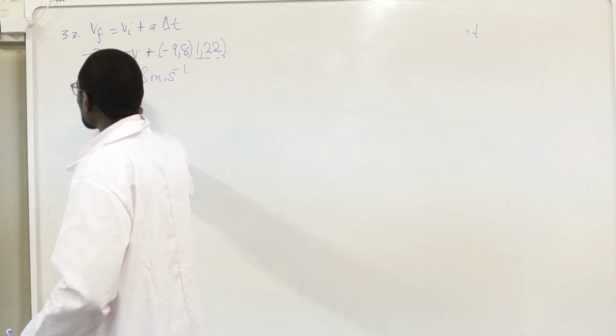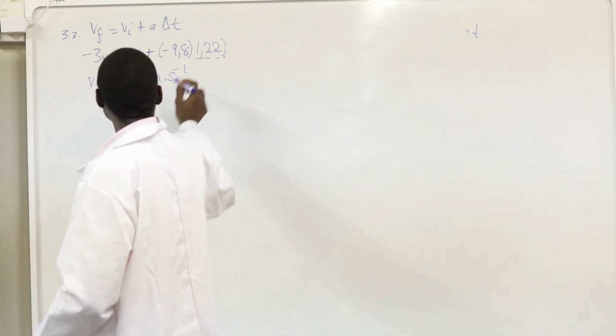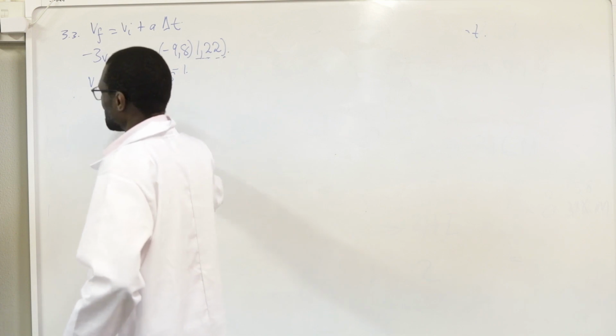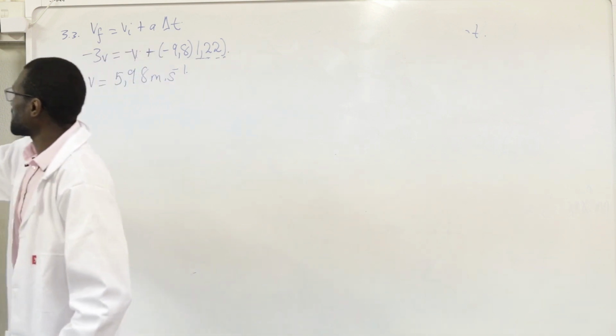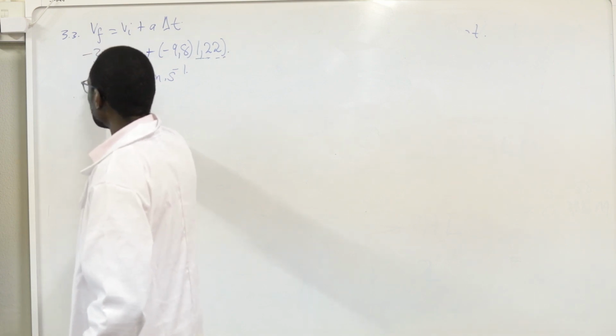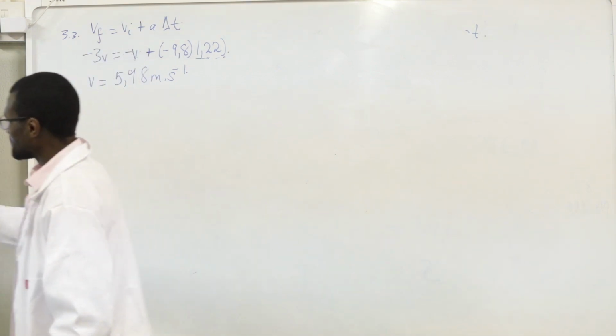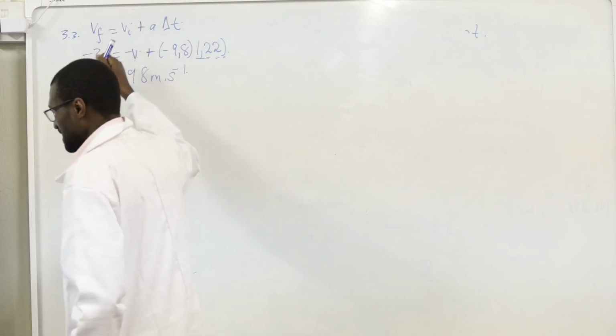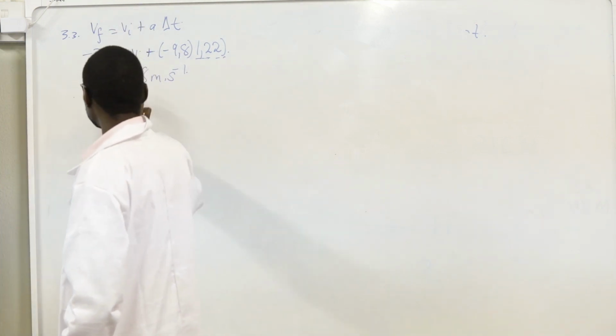So that is how we are coming up with this 1,22. The velocity of B is minus 3v because I am choosing my downwards to be negative.